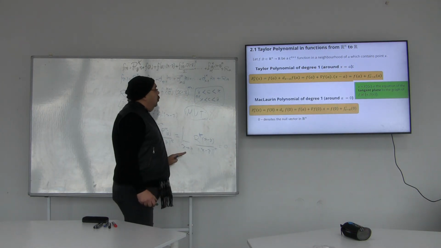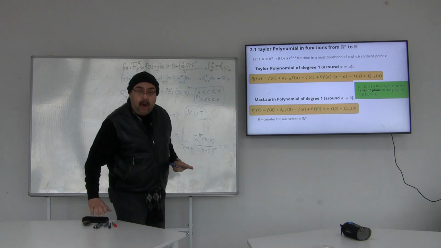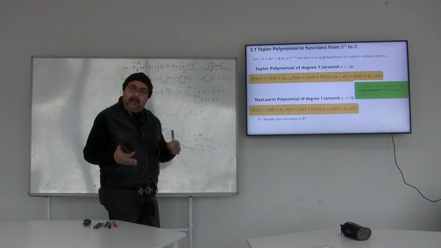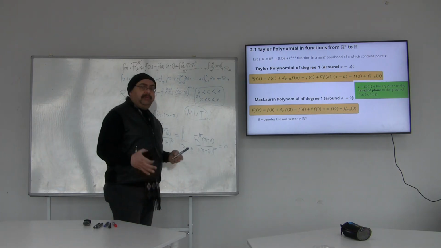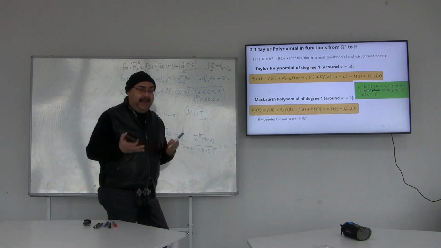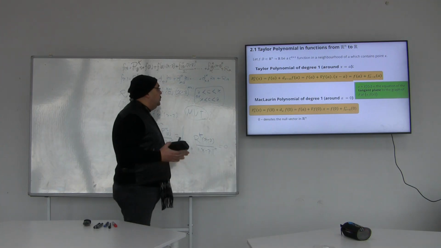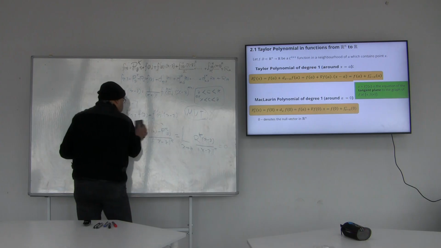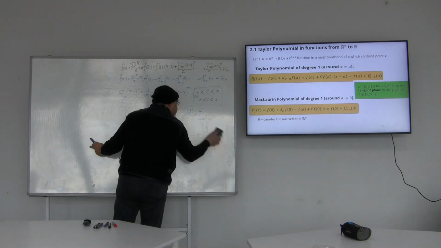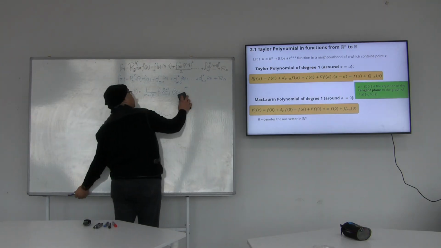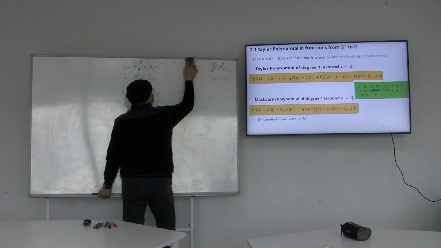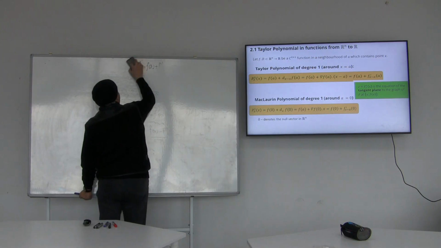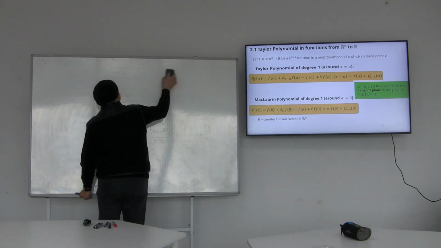Same way as what we did in R to R, it's exactly the same once you are moving from Rn into R. So if you want to find the Maclaurin polynomial, for example, all I have to do is make the substitutions around, or in the neighborhood of, the origin, as we did previously with Maclaurin expansion from R to R. Let's see more if we want to have a second degree or a third degree.